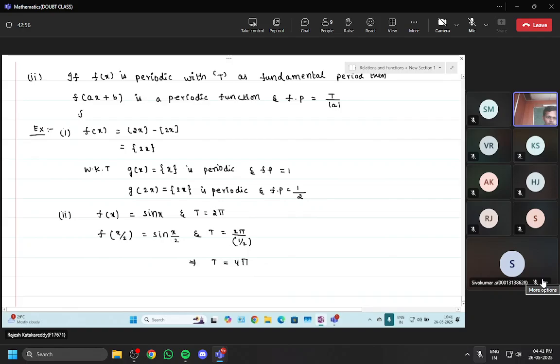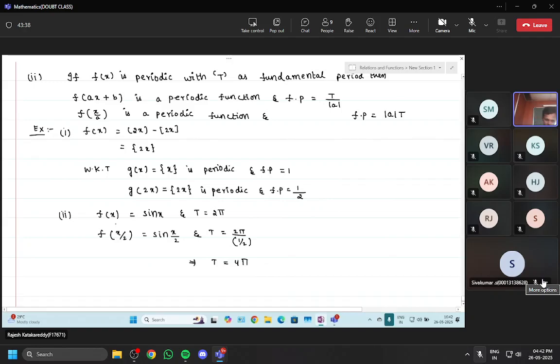F of x by a is a periodic function and the fundamental period is equal to modulus of a into T. In this way, what you do for x, you should do the reciprocal to the fundamental period. If you want, you can check in the second example. You replace and then try checking here.